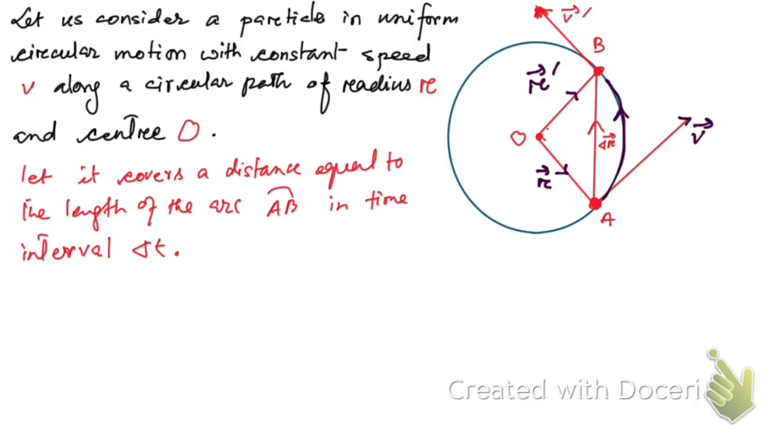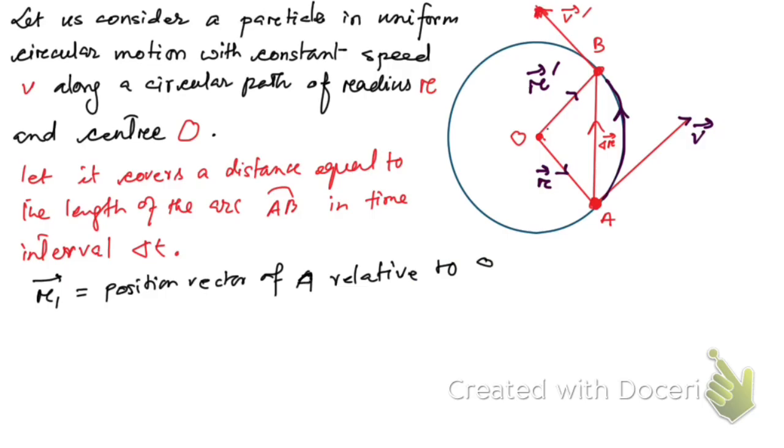Now here let us consider r is the position vector of A relative to center O, and this is r dash.